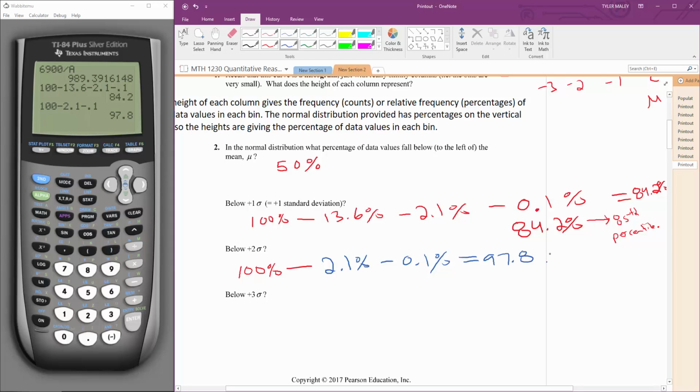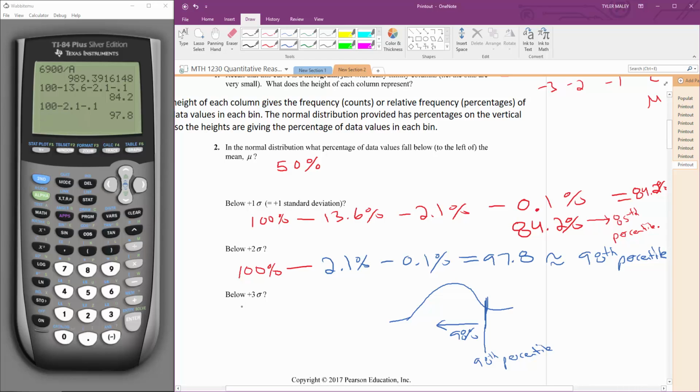So this is roughly the 98th percentile. Remember what that means: here's my distribution, and if this is the 98th percentile, then 98% of the data are below it.